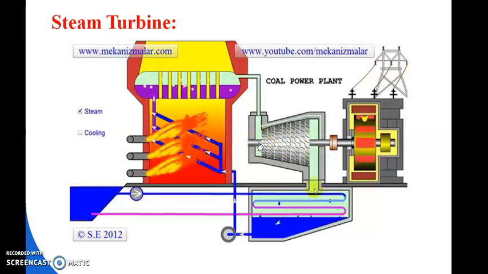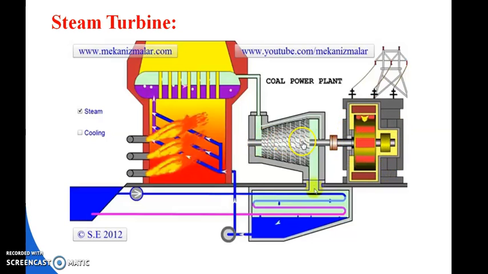So this high velocity steam, when it strikes the turbine blade, will start to rotate. These turbine shafts will start rotating. And the turbine shaft is coupled with the shaft of the generator. This is the generator shaft and this is your generator.